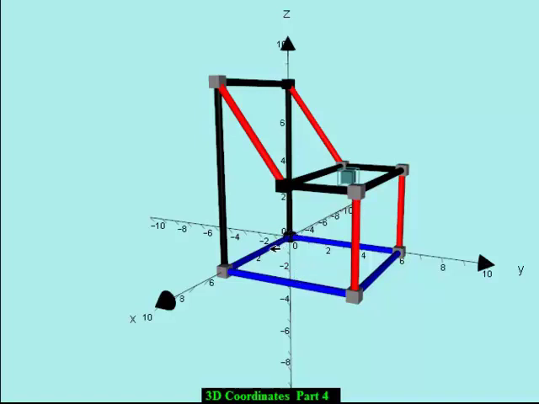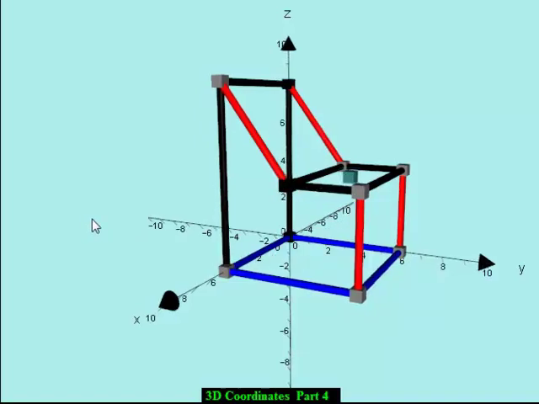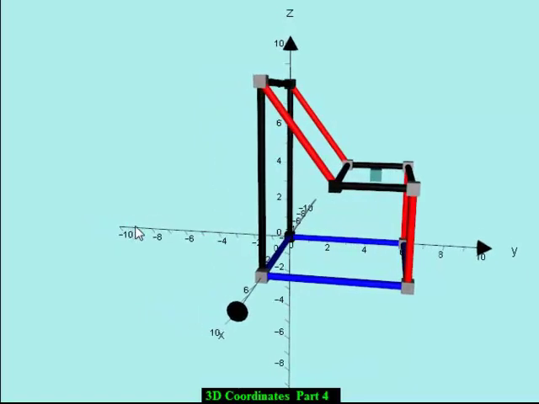You're coming 3 along the x-axis. The challenging bit is how far parallel to the y-axis. This is a difficult one. The height is easy, it's 4. Now, this distance is 3. Can you see it?